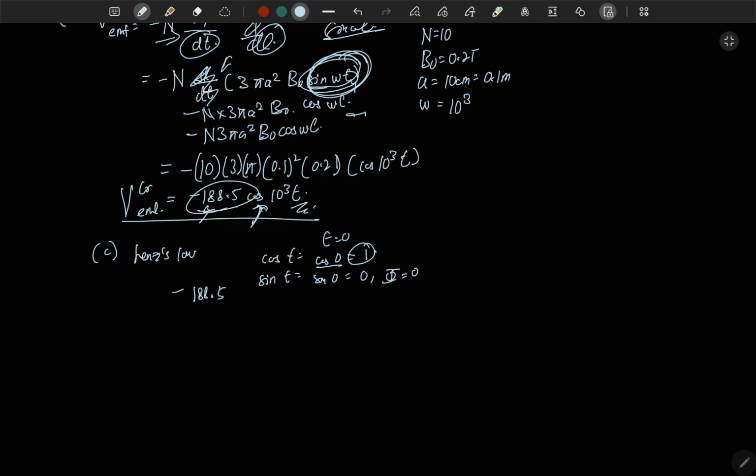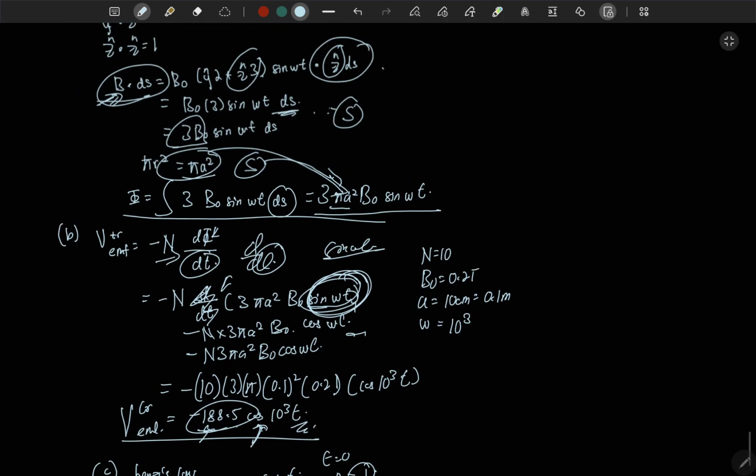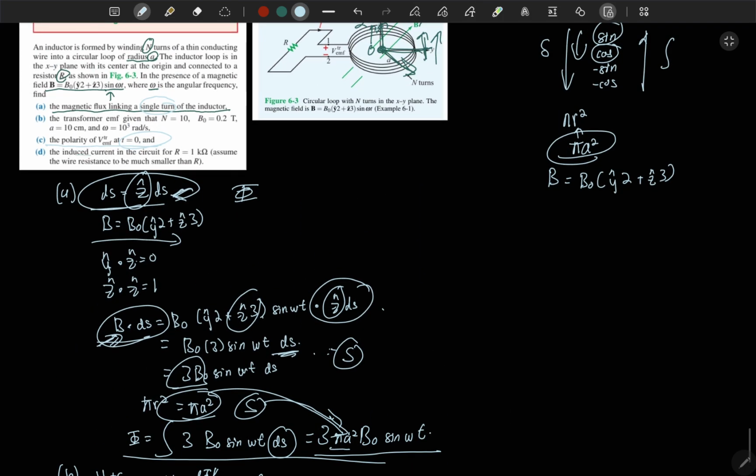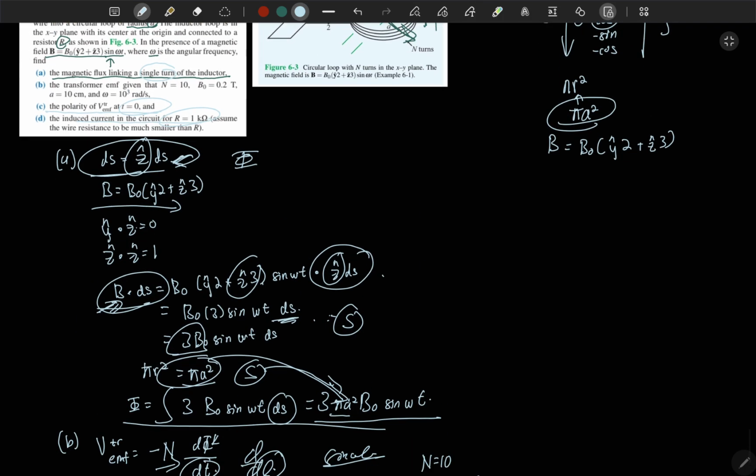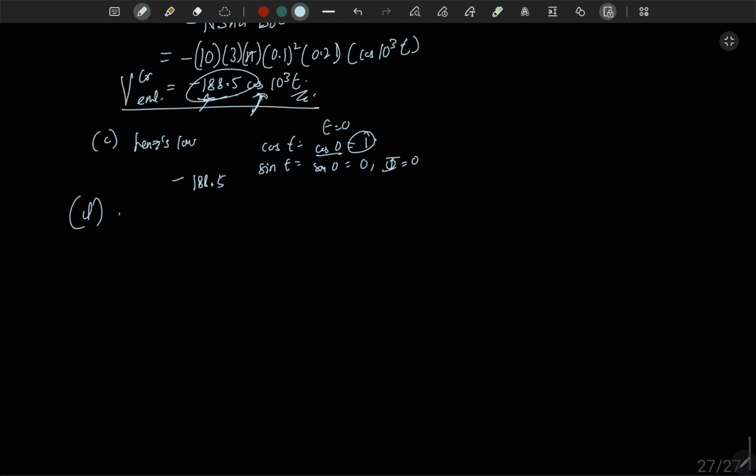Okay, now for D, they mentioned that the induced current in the loop is 1 kilo ohm. So we all know I is equivalent to V per R. In this case, our V is negative 188. I missed something.